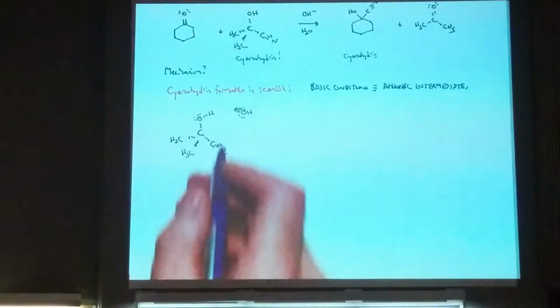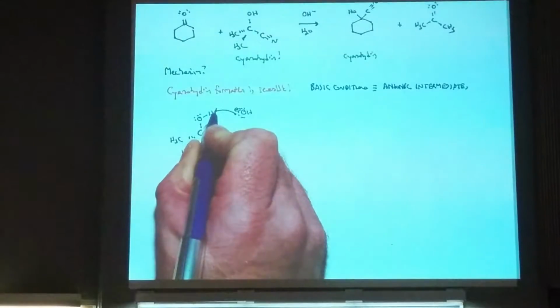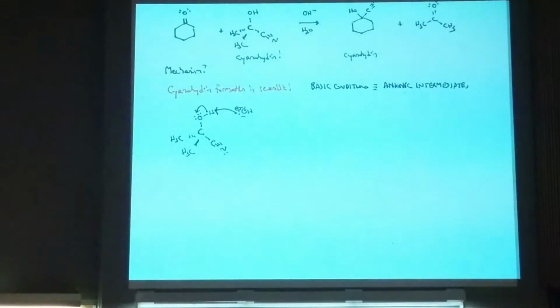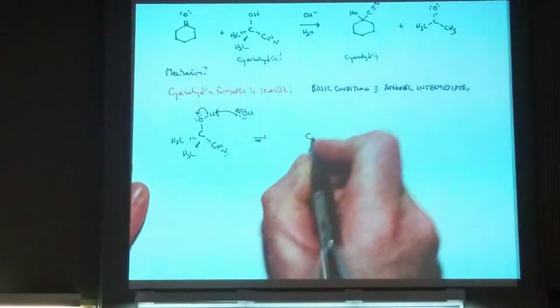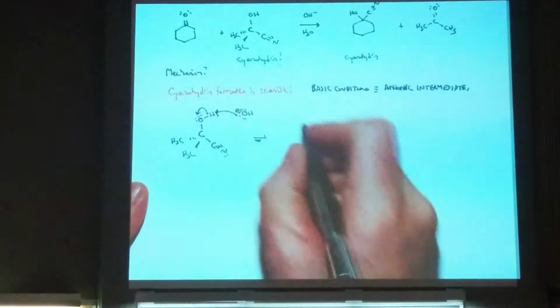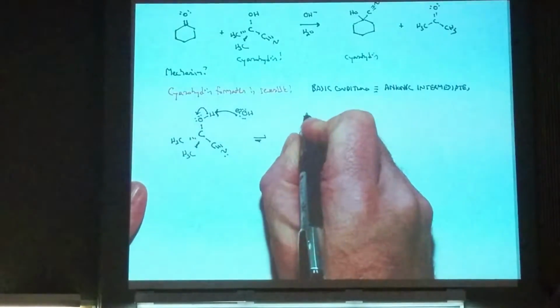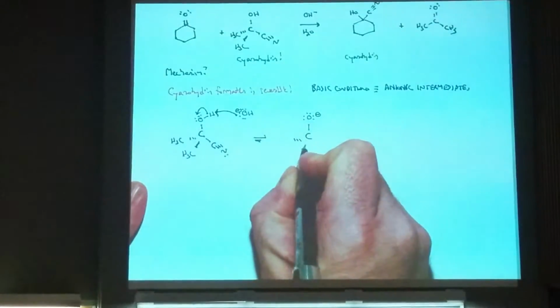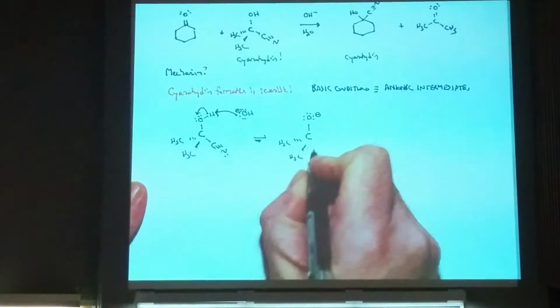Well, here, because we're exposing it to hydroxide, the hydroxide can grab the proton from the hydroxyl group in the cyanohydrin. If the last step in cyanohydrin formation is protonating the oxygen, then the first step in the reverse of that mechanism must be deprotonating the oxygen.